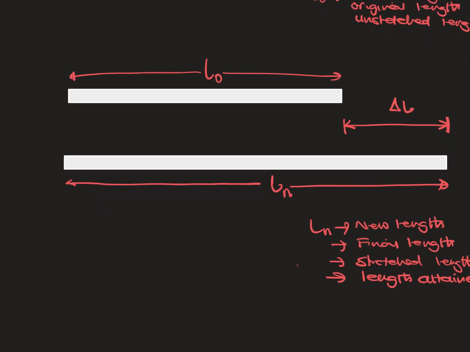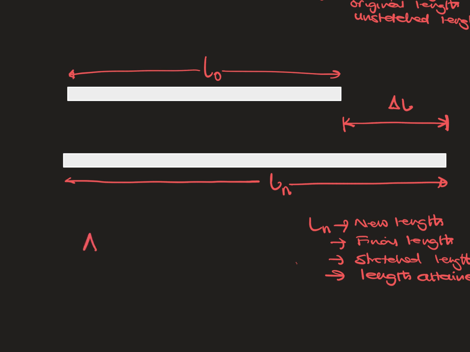So delta L is equal to the new length minus the original length. This delta L is also called extension.